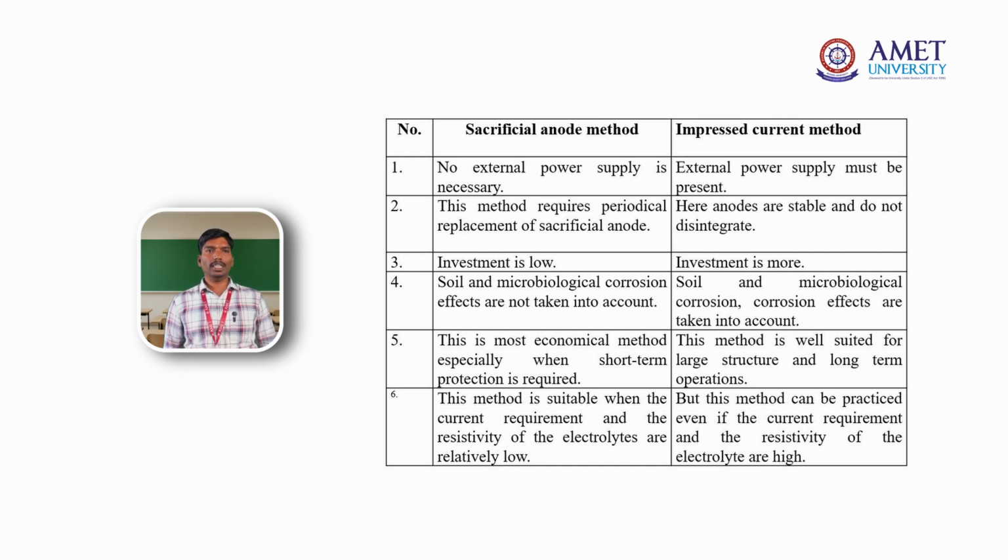The next difference is the temperature and current conditions of each method. Third, the sacrificial method protects against soil and environmental corrosion, and the impressed current method can also be used for soil corrosion and environmental corrosion. So these are the major differences between the sacrificial anodic control method and the impressed current control method.